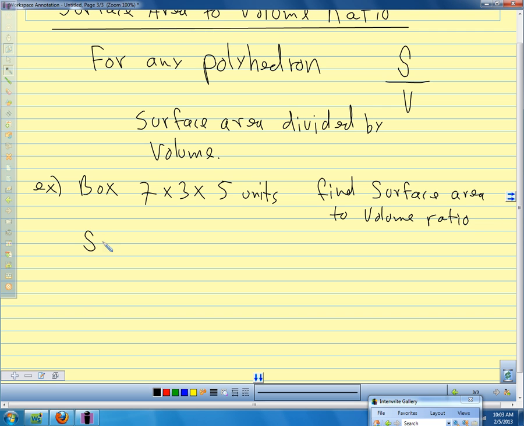So my surface area, plugging into my formula, or remembering I'm taking 2 times the area of each side: 2 times 7 times 3 plus 2 times 7 times 5 plus 2 times 3 times 5, which when I calculate this out is 42 plus 70 plus 30, and I get 142.